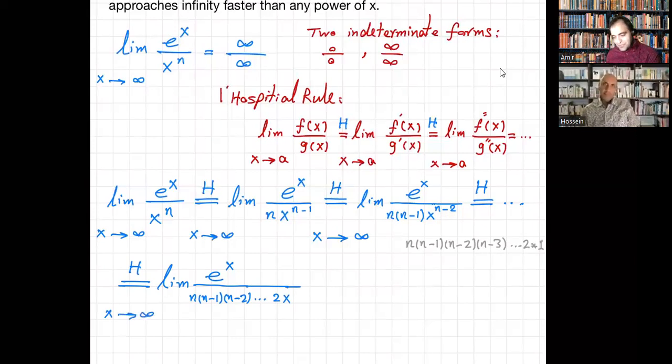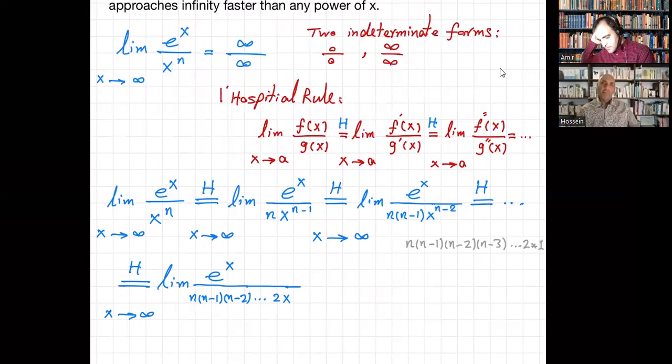So we still have x in the denominator, but that's the last time that we use the L'Hopital rule.